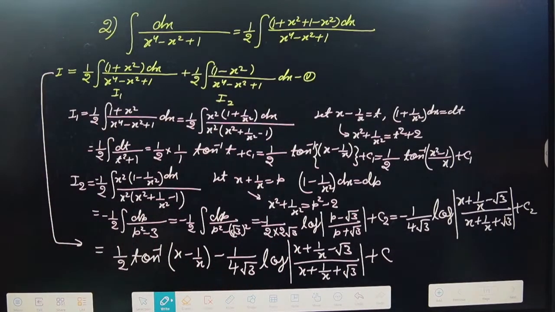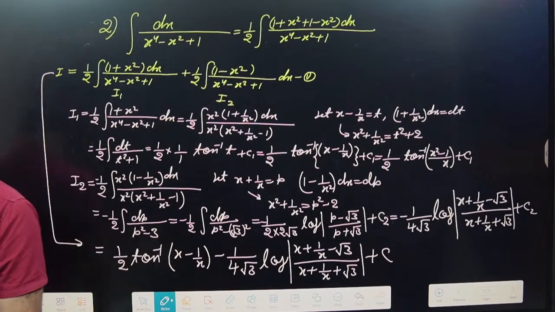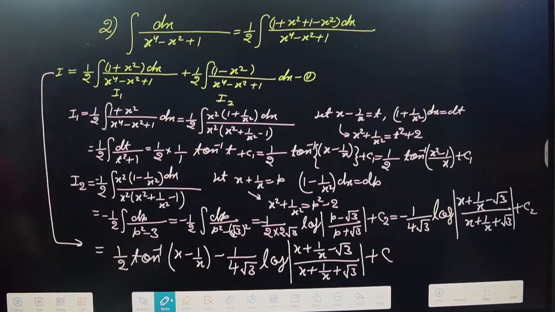Okay, c1 c2 replaced by c. Okay, I hope it is clear.